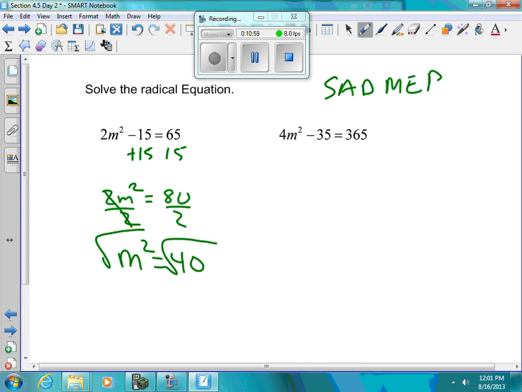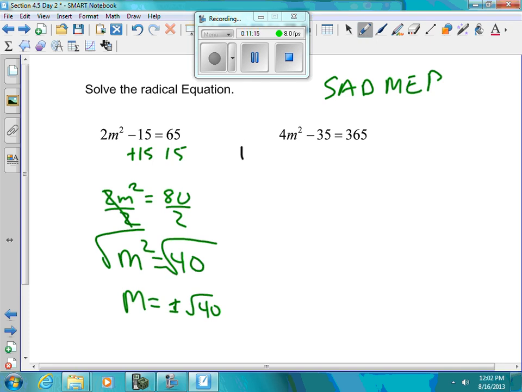Square root both sides. Uh-oh, that doesn't work out so well, does it? Oops. Plus or minus the square root of 40. 40 can probably be broken down, though.